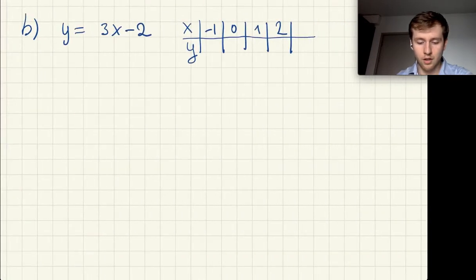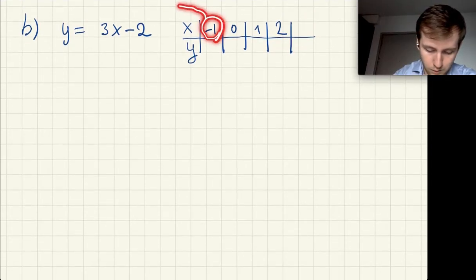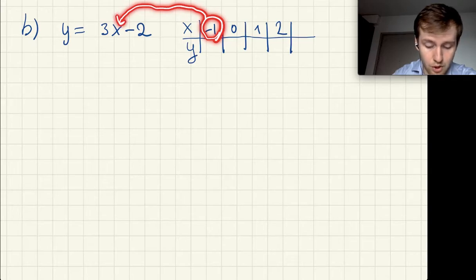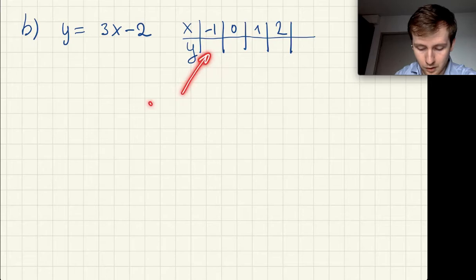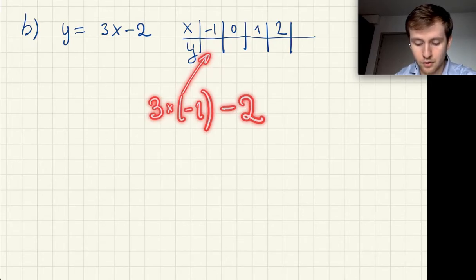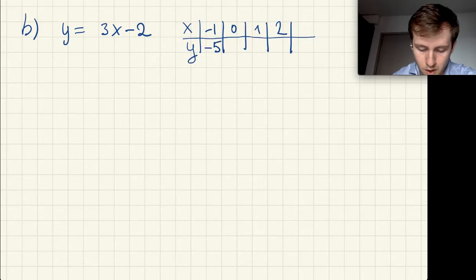So we just take minus 1 and put it into this equation. We replace x with minus 1. The result we're going to get is 3 times minus 1, minus 2. So that's minus 3 minus 2, which is equal to negative 5.